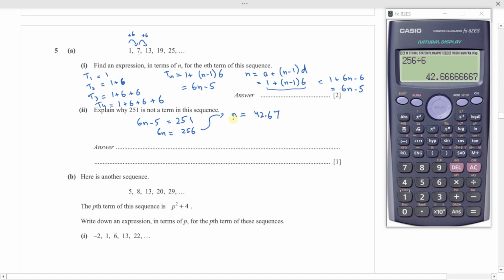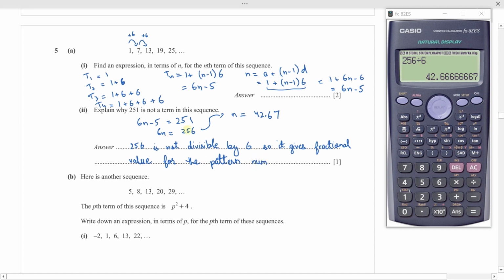42.67. So n is actually the pattern number or the term number, right? So n cannot be a fraction. So you can say that 256 is not divisible by 6, as shown here. So it gives a fractional value for the pattern number.